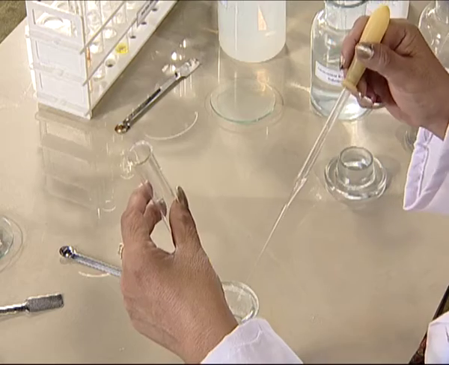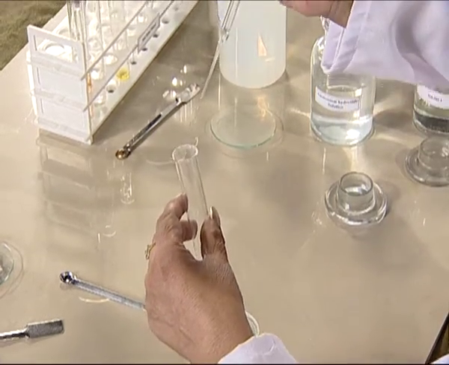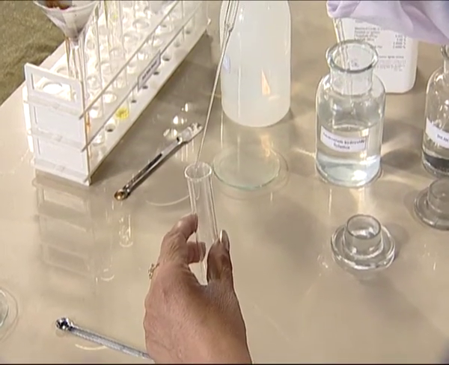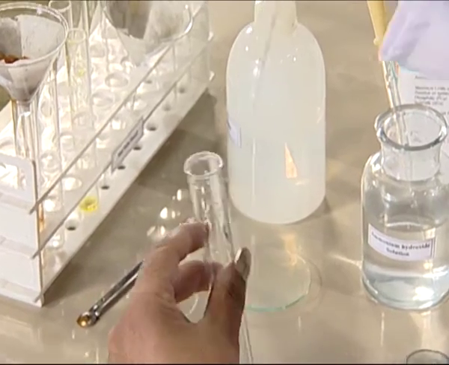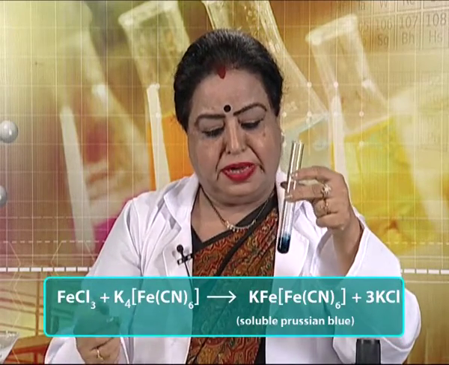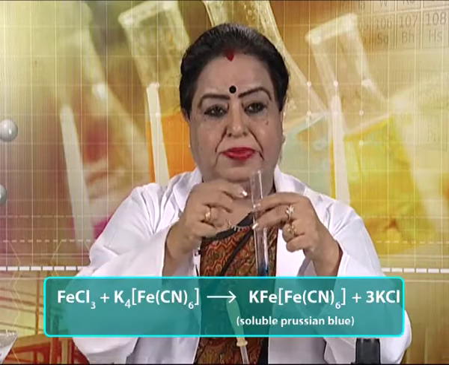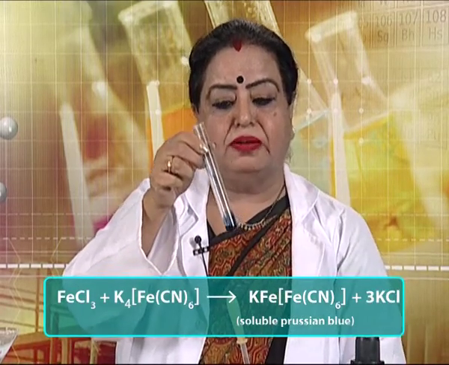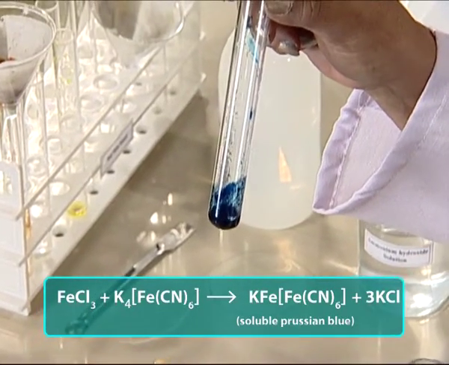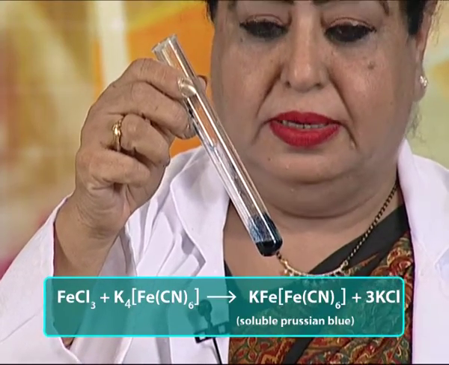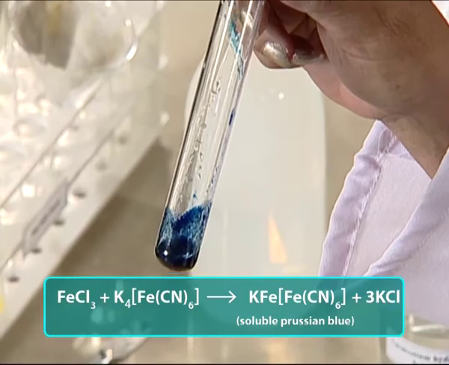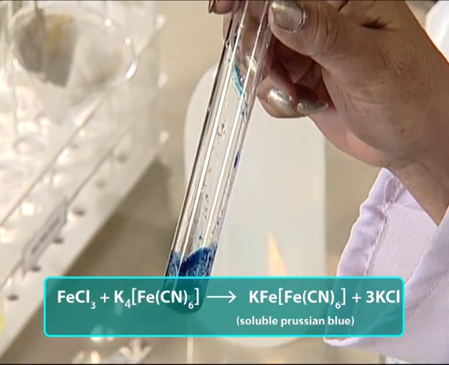I am adding small amounts dropwise to this test tube. I think 2 drops or even a single drop has been quite enough to give me this very beautiful dark blue color, which is the color of Prussian blue, which we also call the Prussian blue test at times.